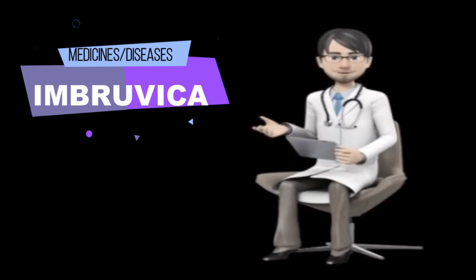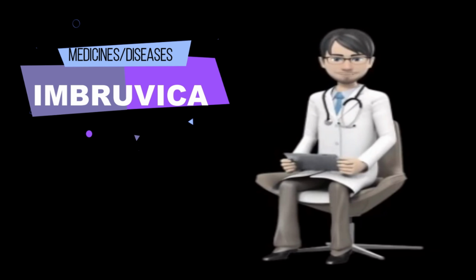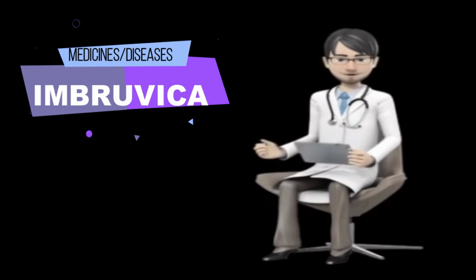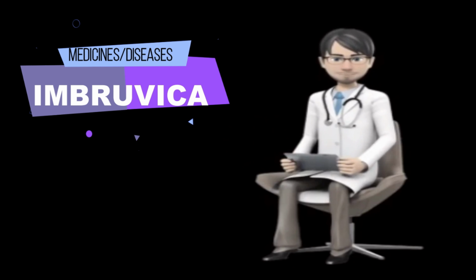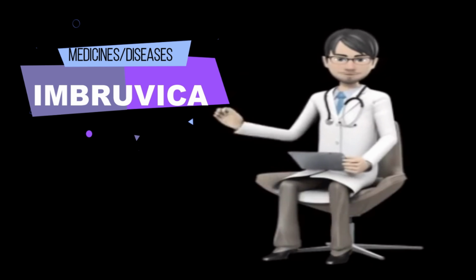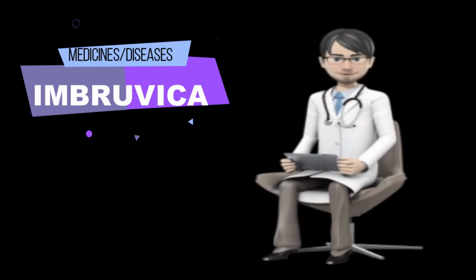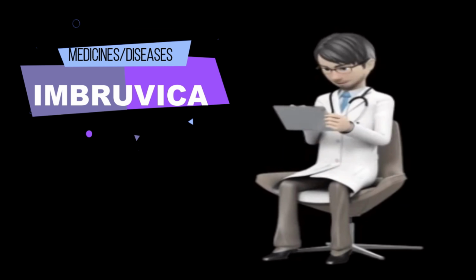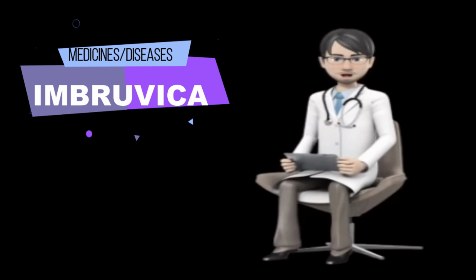Serious side effects of Imbruvica. Get emergency medical help if you have signs of an allergic reaction: hives, difficulty breathing, swelling of your face, lips, tongue, or throat. Imbruvica may cause a brain infection that can lead to disability or death. Tell your doctor if you have problems with speech, thought, vision, or muscle movement.